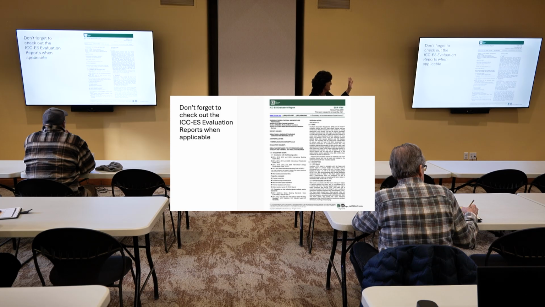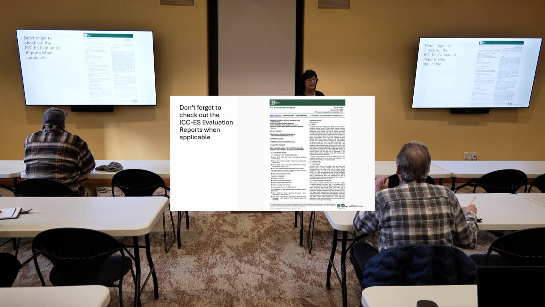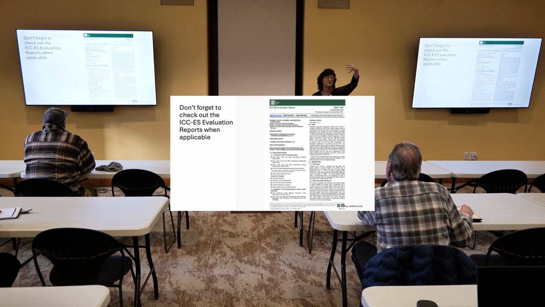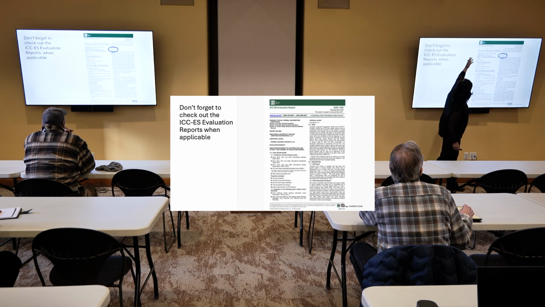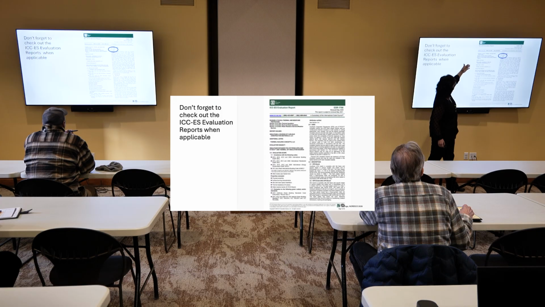But they evaluate it to code, and they go through and say it can be used as this if it's installed this way. It can be used as this if it's installed this way. So I just want to go through them a little bit, right? What are the uses? Who's it for? Thermal insulation, roof deck insulation, and a water resistive barrier for Insulfoam. I have this Insulfoam product.